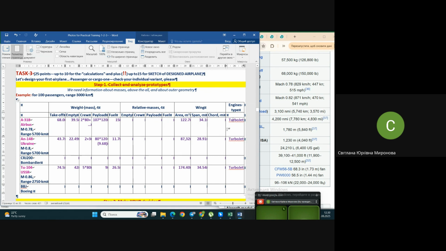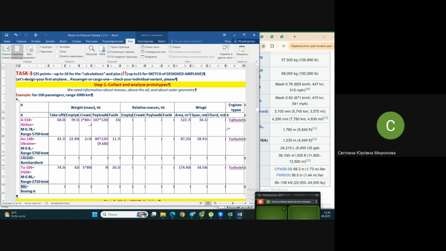Additionally, you need to pay attention how airplane is composed. Is it low wing or high wing? Is the stabilizer T-shaped, or stabilizer of so-called low position joined to the fuselage? Next, not only type of engine, but where engines are.